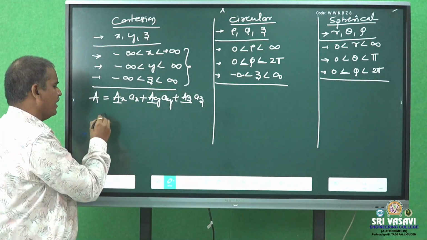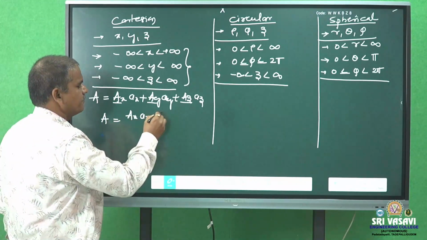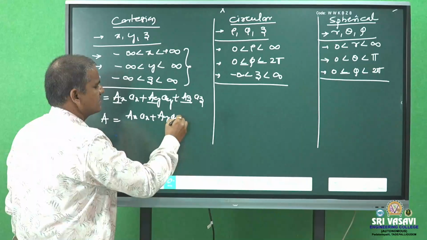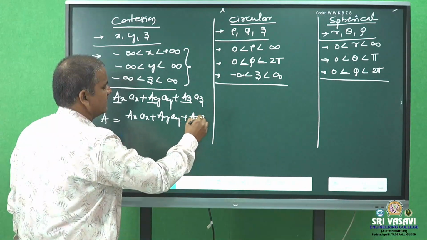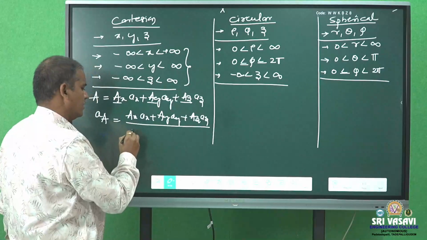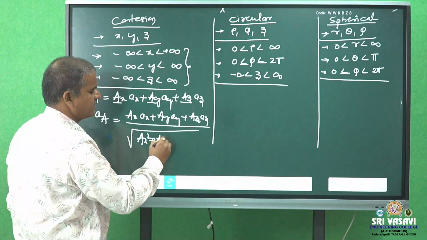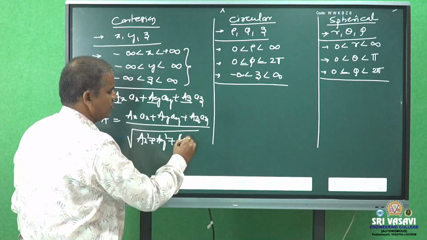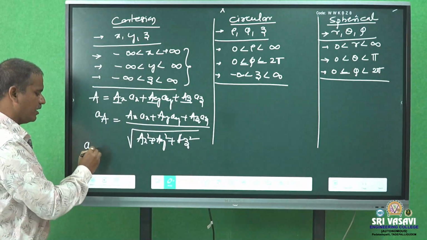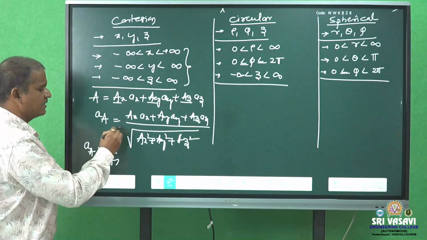So the magnitude of A is the under root of ax square plus ay square plus az square, because unit vector A equals A by magnitude of A. Like that we have to represent this.